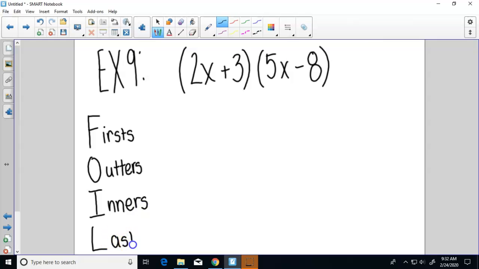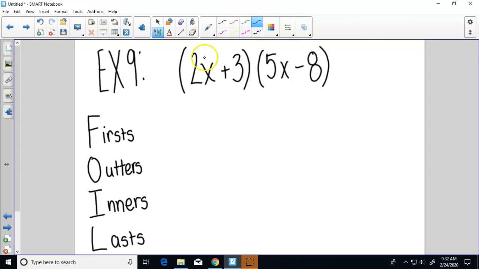And L stands for last. I'm going to show you this is exactly what we've been doing anyway. I don't usually teach it this way. I just don't want you to get to another class and a teacher tell you that you need to FOIL this out and you have no idea what they're talking about. When they say FOIL this out, they just mean distribute. This just helps you make sure you've done everything correctly.